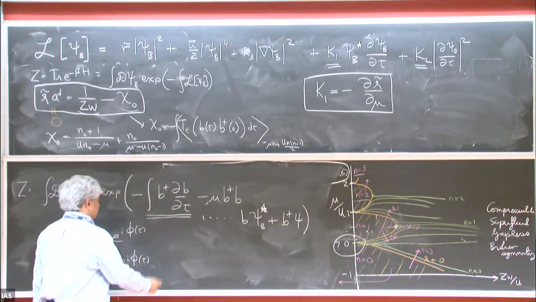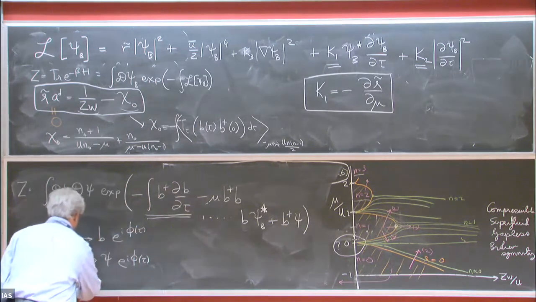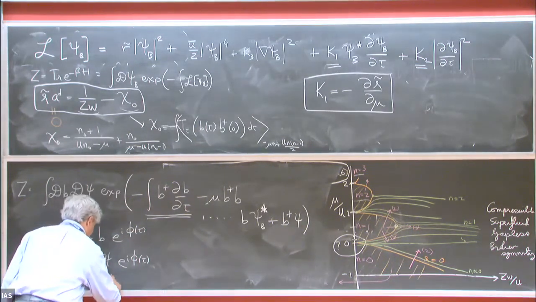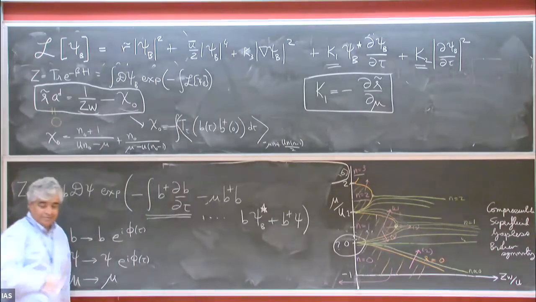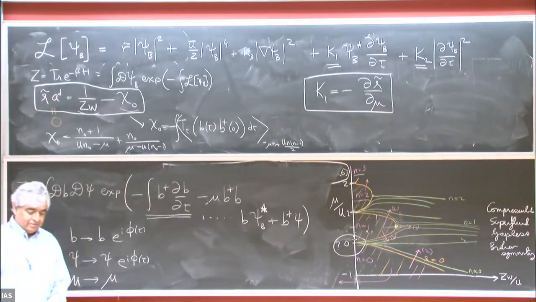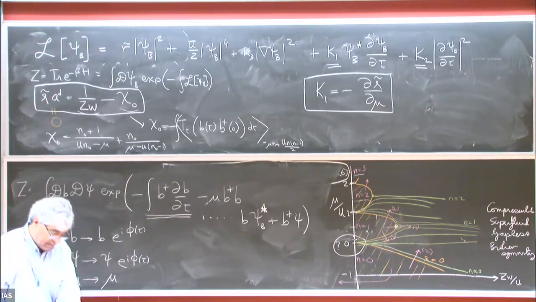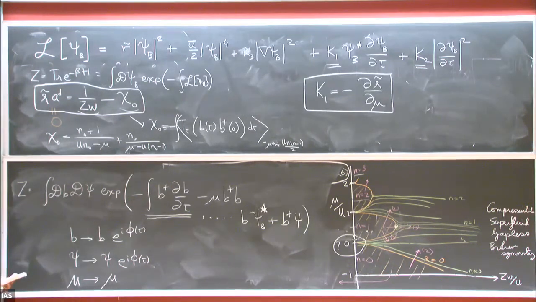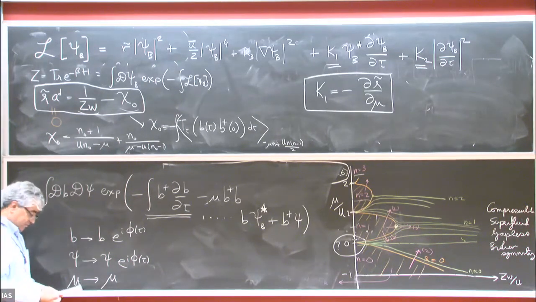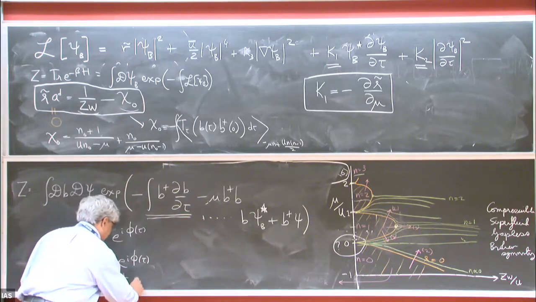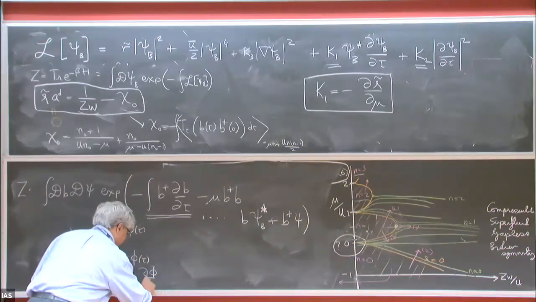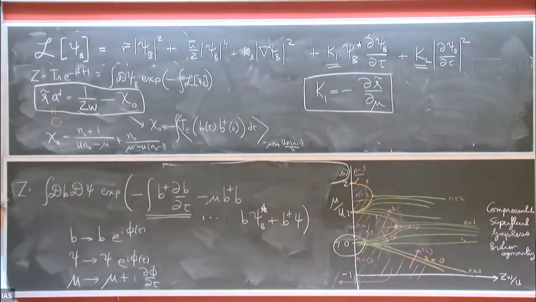So take a more general theory where mu transforms. Mu is just an external parameter, some background field. You make it time dependent. And so, if the sign's right, there's a transformation of mu. If I make this transformation, allowing mu to be time dependent, then I do have invariance of the partition function.